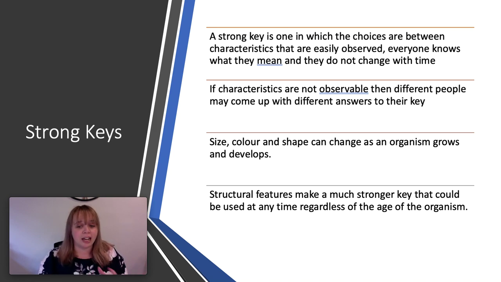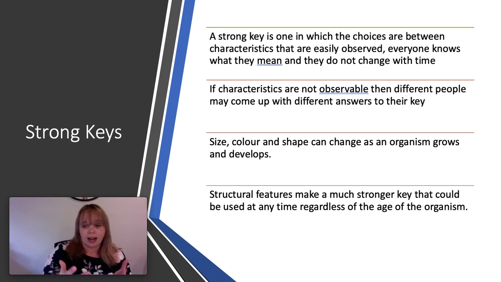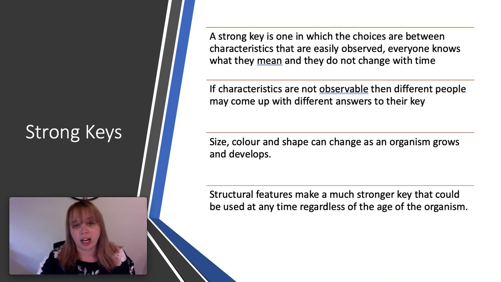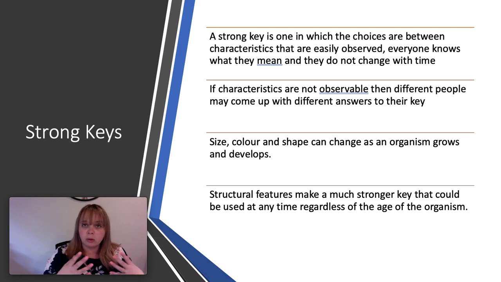So you've got to be careful with things like size, colour and shape because they change as an organism grows or develops. Structural features make a much stronger key that could be used at any time regardless of how old you are. If you've got a whole bunch of animals in the room, you might say, do they walk on 2 legs or 1 leg? 2 legs or 4 legs.